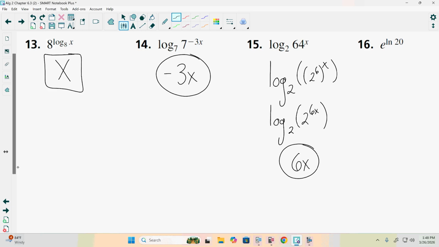Now we get to this last one. E to the natural log of 20. What is the base of a natural log? It's understood to be e. So we really have e to the natural log base e of 20. So this would be 20.